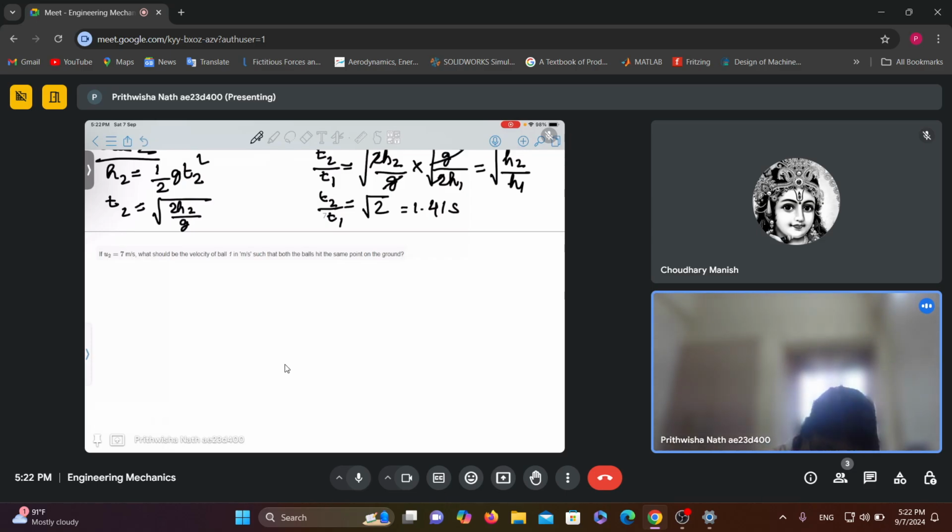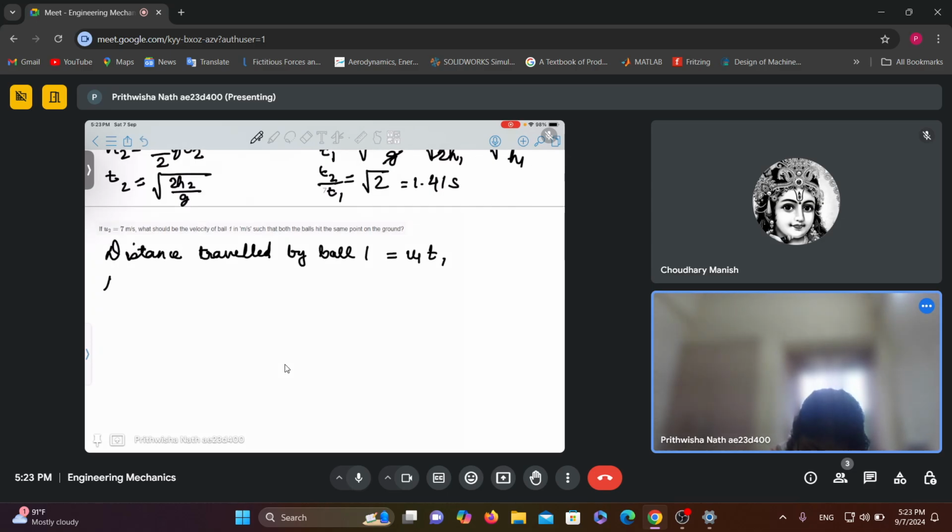So the distance traveled by ball 1 is given as U1 T1, and this is in the x direction, right?